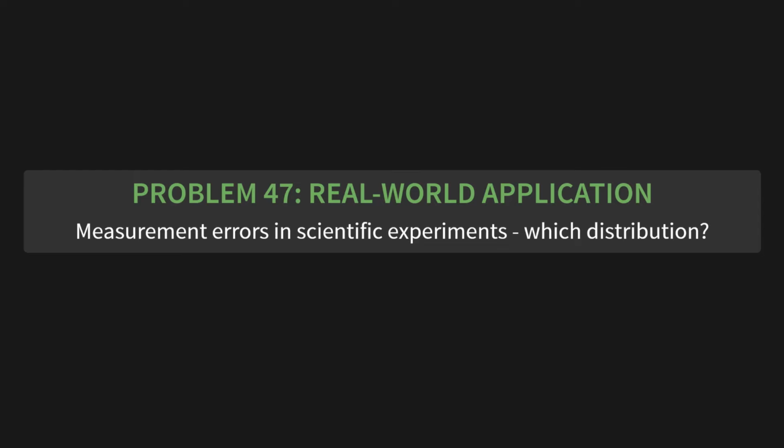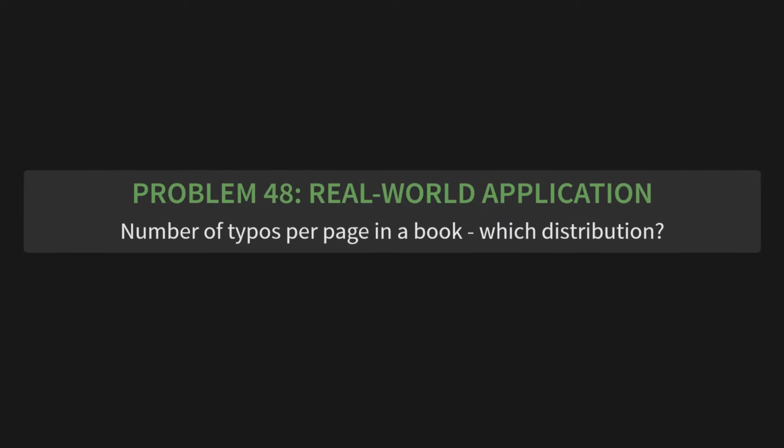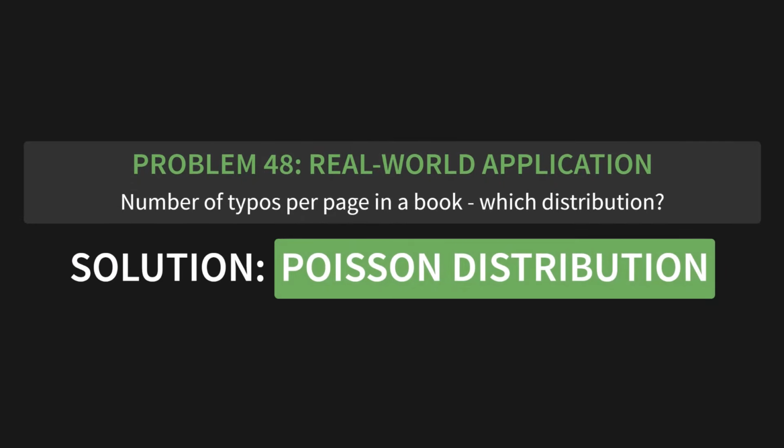Which distribution? Normal distribution. Number of typos per page in a book. Which distribution? Poisson distribution.